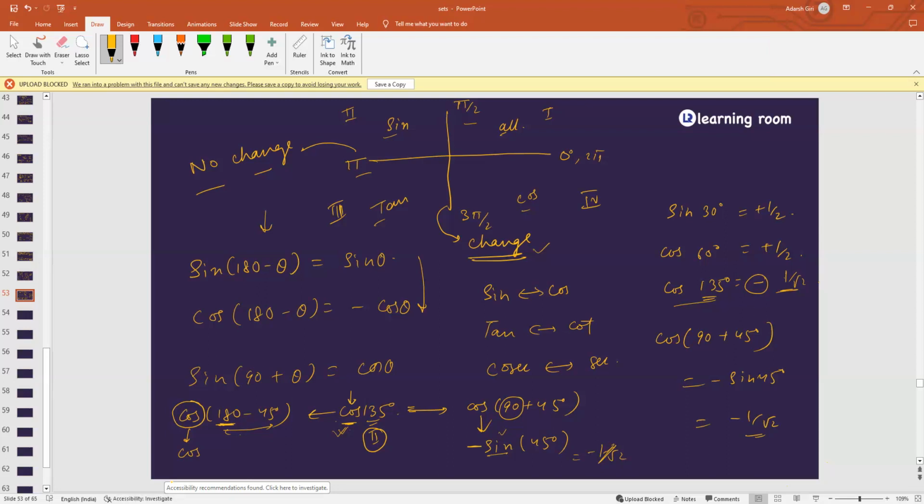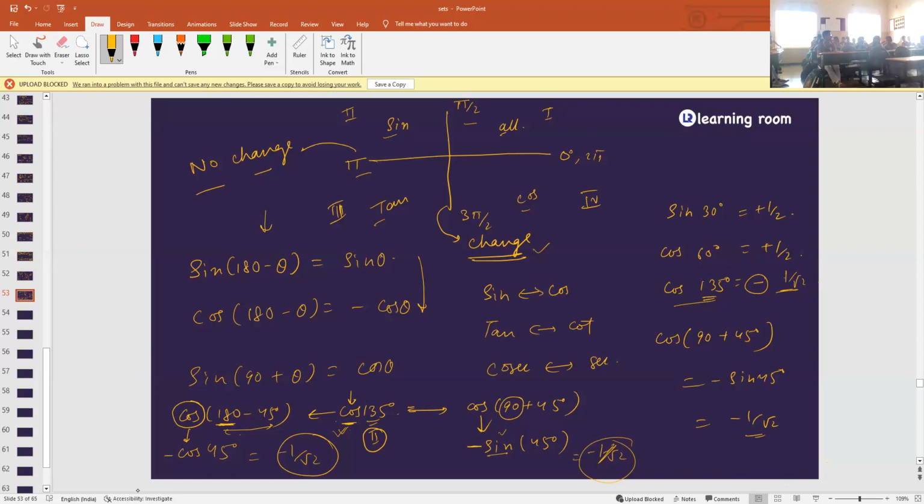In the second quadrant cos is negative. So this will be a negative sign here, and we'll just put the 45 degree angle theta. So minus cos of 45 is minus 1 by root 2. Same answer we'll get from both the cases. Understood or not?